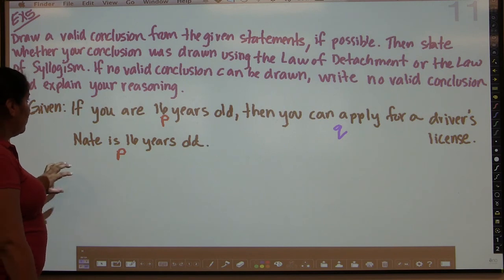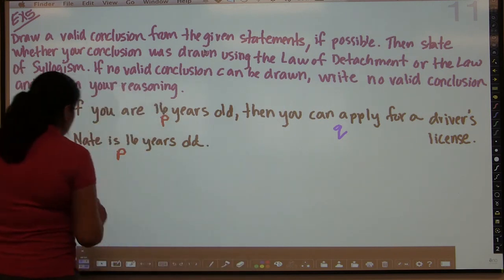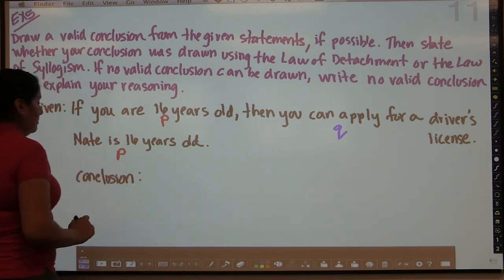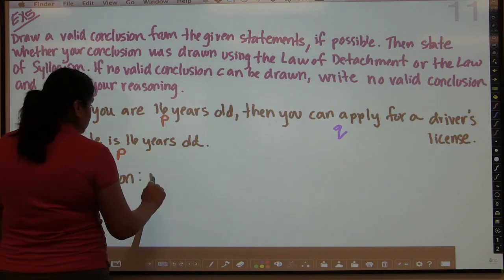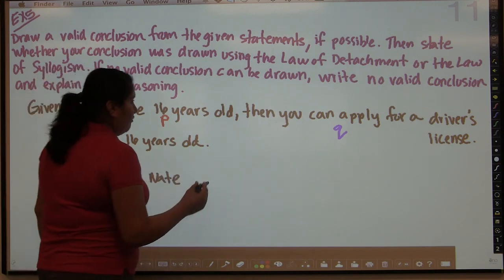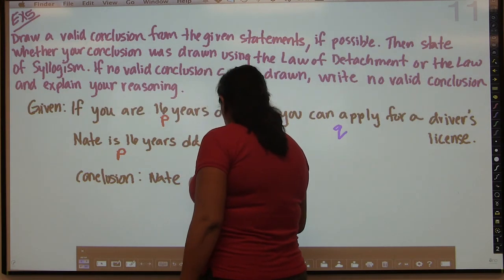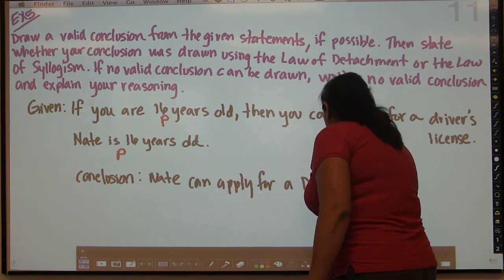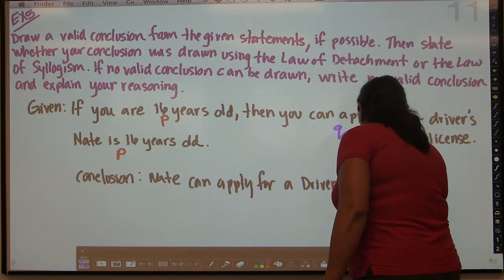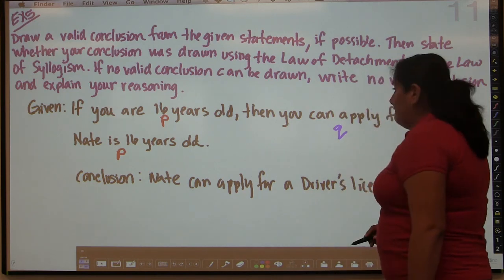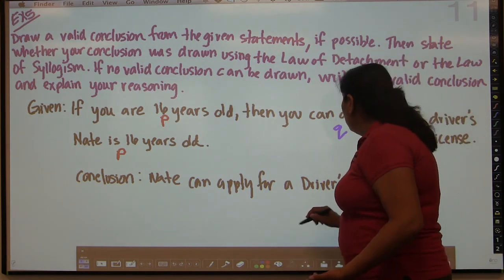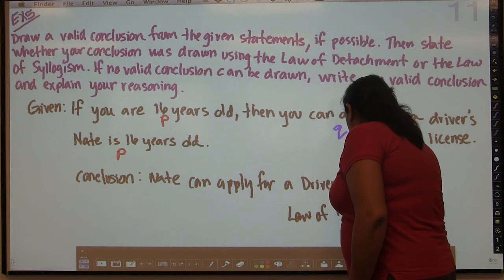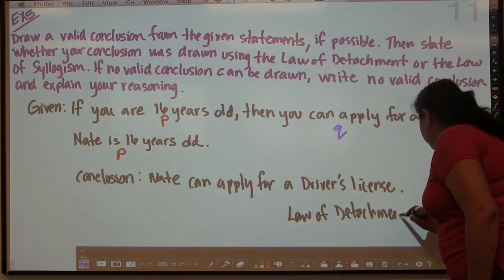So now the logical conclusion that I can draw, and it is the right answer here, my conclusion, according to the law of detachment, is that Nate can apply for a driver's license. And my reasoning is that I'm using the law of detachment here to make this conclusion.